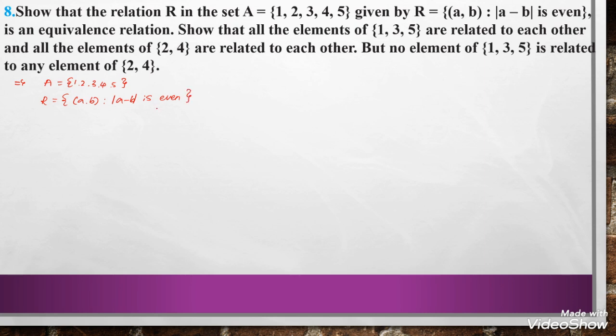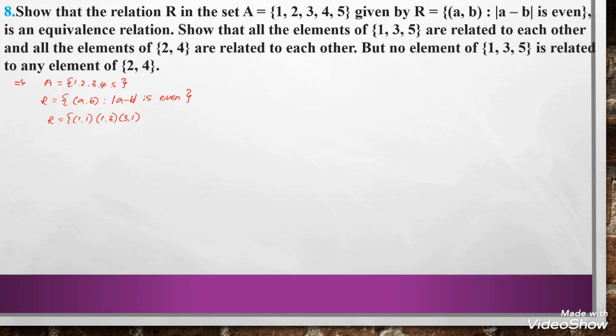Now, I will consider the relation here. 1 minus 1 is 0, 0 is an even number. Yes. 1 minus 2 is odd. 1 minus 3, it is even. Again, 3 minus 1 is also an even number.